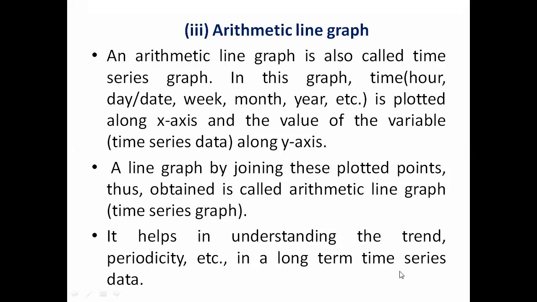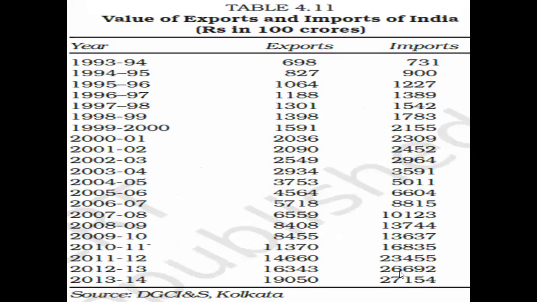In long term time series data, let us understand here. You can see the value of export and import in India, right? Rupees in 100 crore. In 1993 to 94, export 698 and import 731. In 1994 you can see how export in 100 crore is going.